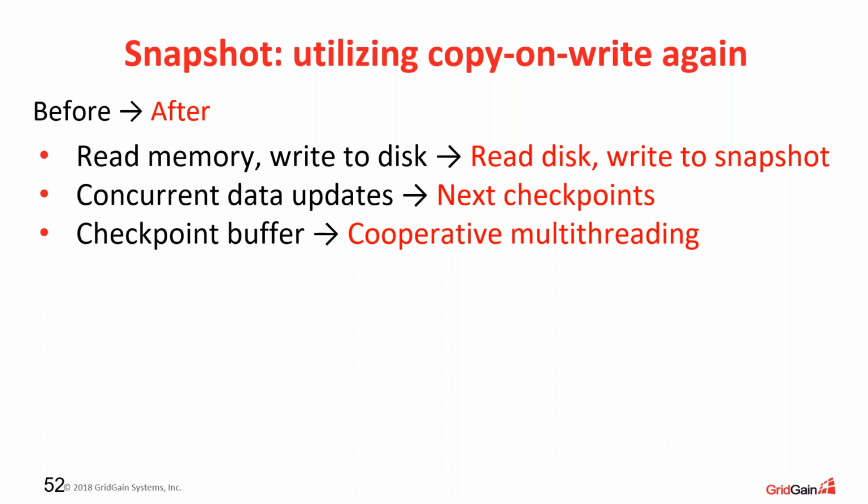The concurrent factor is next checkpoints, and we use cooperative multi-threading to maintain copy on write. And now we have created an algorithm that allows us to dump a consistent state of all pages on the node and do it under load.